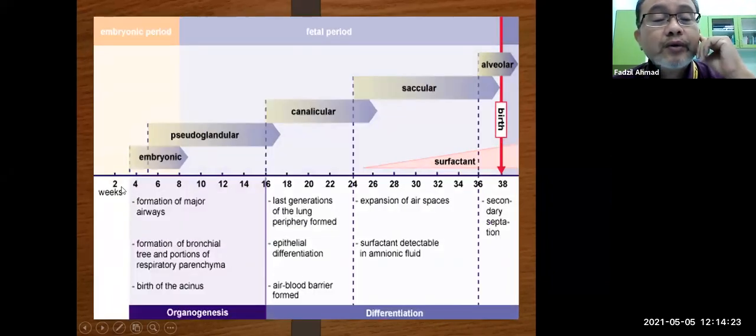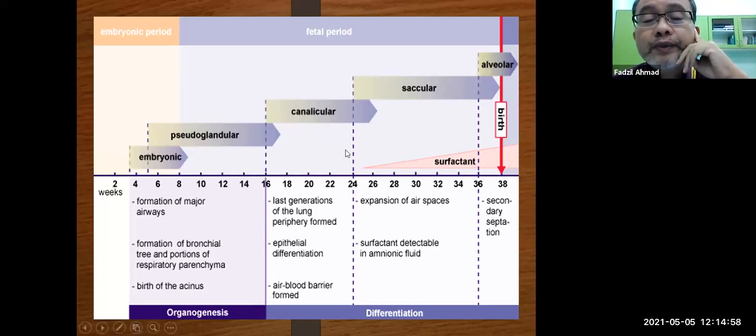Then how is it in terms of the formation? The embryonic phase is the first few weeks of life, formation of major airways. Then pseudoglandular, where organogenesis occurs. The first 16 weeks of the intrauterine period is organogenesis, then after that differentiation. The key important thing here is the surfactant. You need surfactant to have proper function of the alveoli.